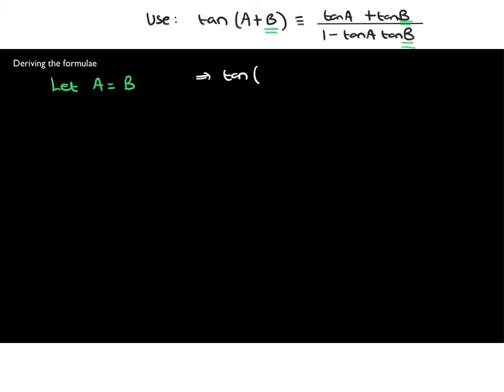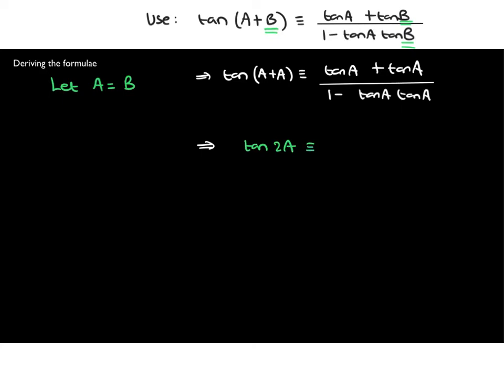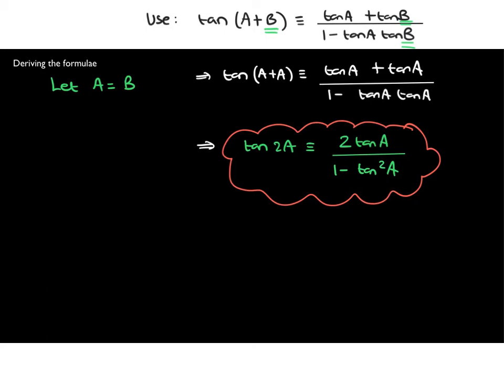So I end up with tan A plus A is equivalent to tan A plus tan A all over 1 minus tan A multiplied by tan A. And this simplifies very neatly to give me tan 2A is equivalent to 2 tan A in the numerator, all over 1 minus tan squared A. And here is the third of our double angle formulae.